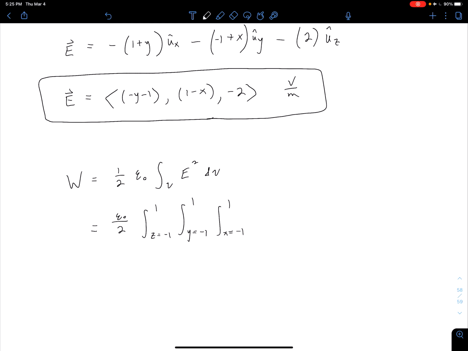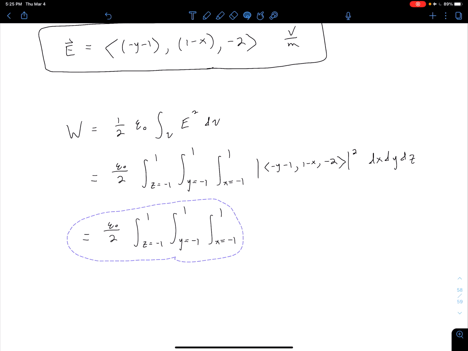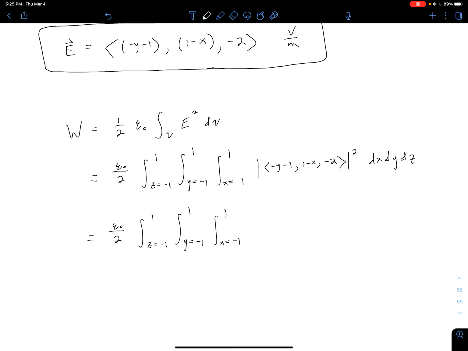So from negative 1 to 1, there we go. And we have the magnitude of this negative y minus 1, our 1 minus x, and our negative 2. The magnitude of that is going to be squared, and our differential volume is dx, dy, dz. So relatively simple in Cartesian coordinates. Let me copy this to not have to write that again. We still have that epsilon naught over 2, the integrals from the three variables where we're varying, and let's take that magnitude and square it.